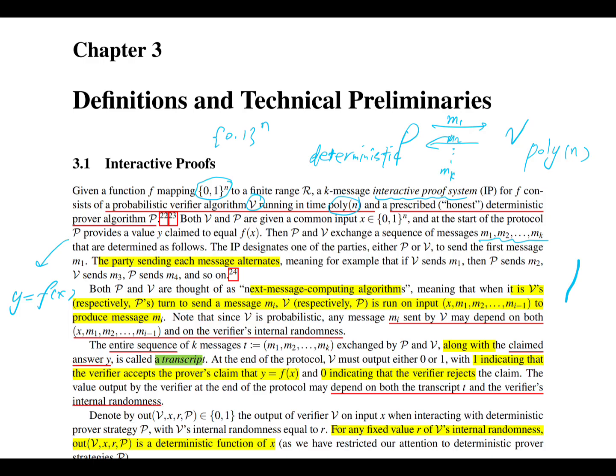Maybe there are k interactive turns, each with one message. Maybe P is the first sender, or V can be the first sender as well. The party sending each message alternates, meaning for example, if V is the first sender and sends M1, then P sends M2.